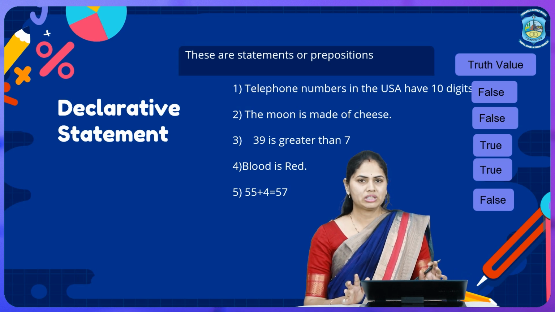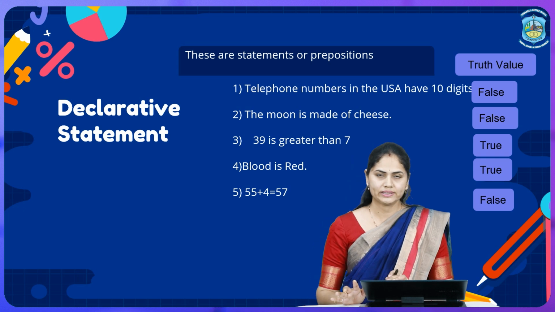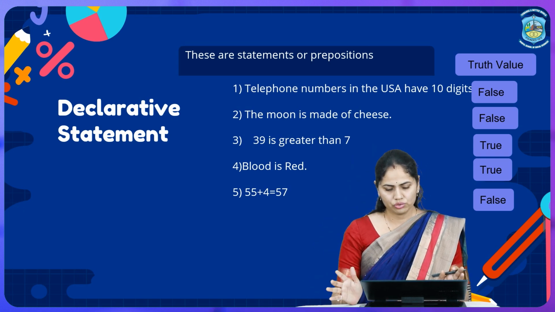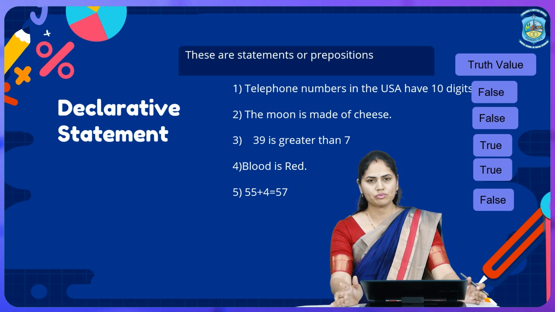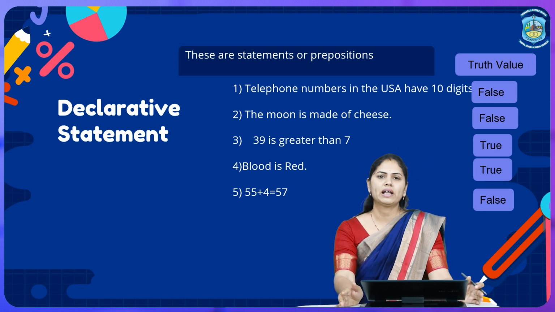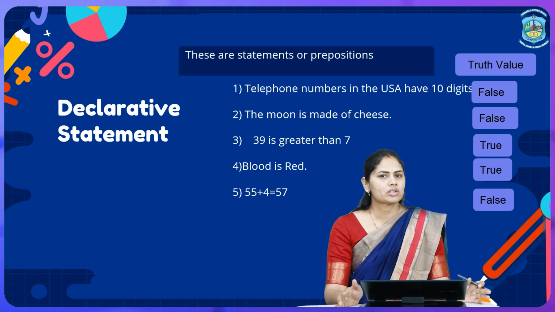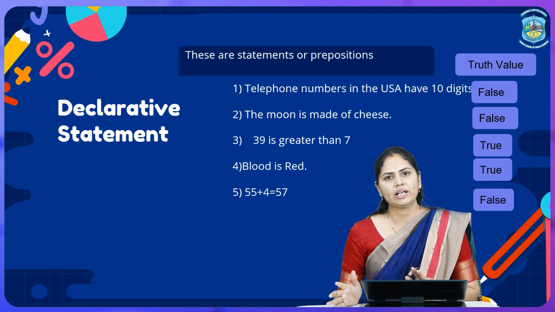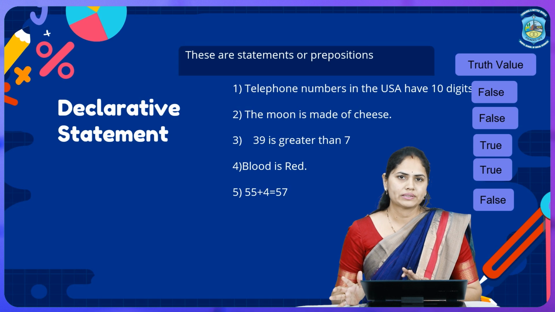Moon is made of cheese, its truth value is false. 39 is greater than 7, its truth value is true. Blood is red, it is also true. 55 plus 4 is 57, its truth value is false. So, these all are declarative statements because they have a truth value either true or false.